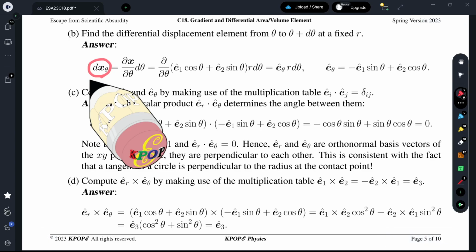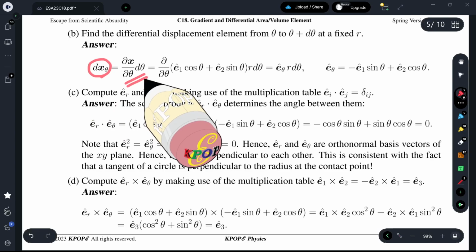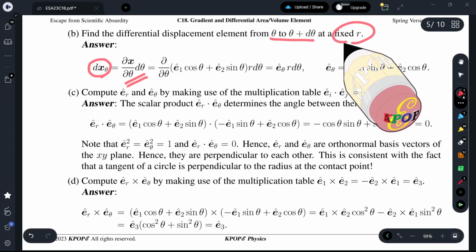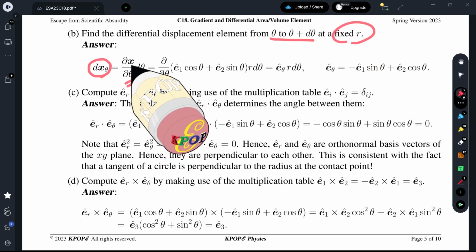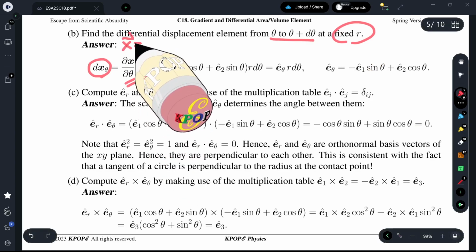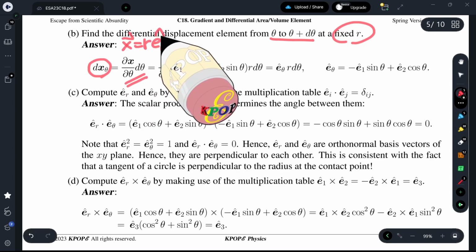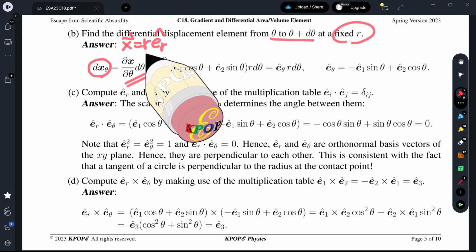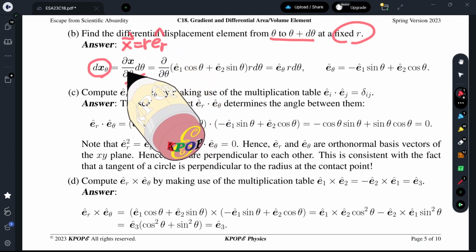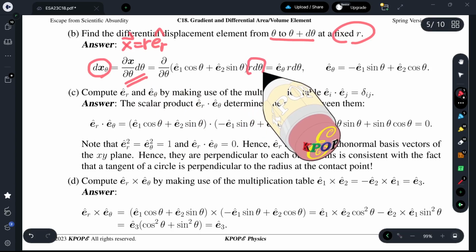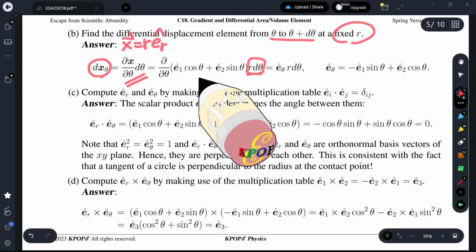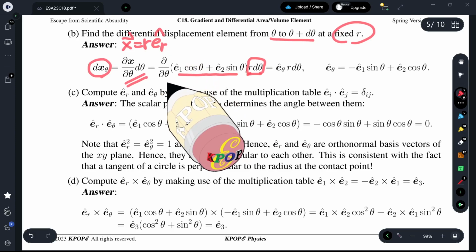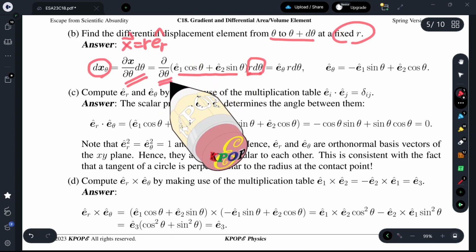Next, we consider the change in the position, that is the displacement, due to the variation of theta, keeping r fixed. In a similar manner, x equals r e r hat, and there is no theta dependence in the radius, so the radius is pulled out. Then I take the derivative with respect to theta.